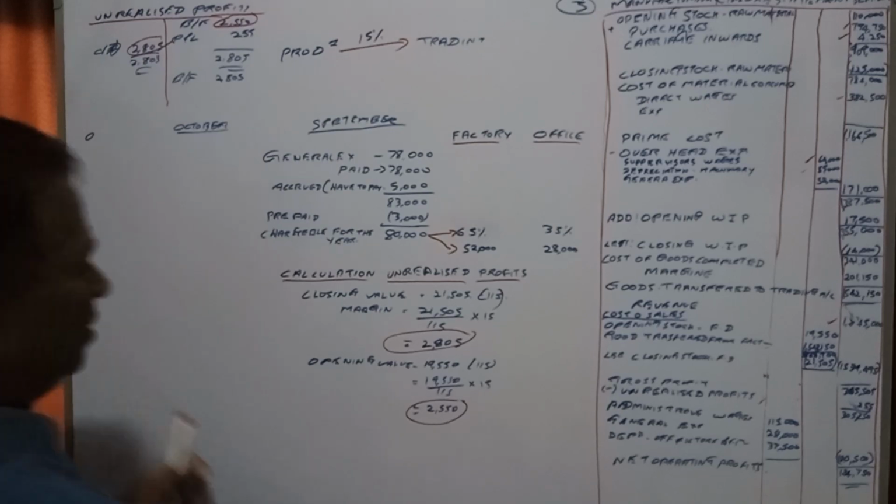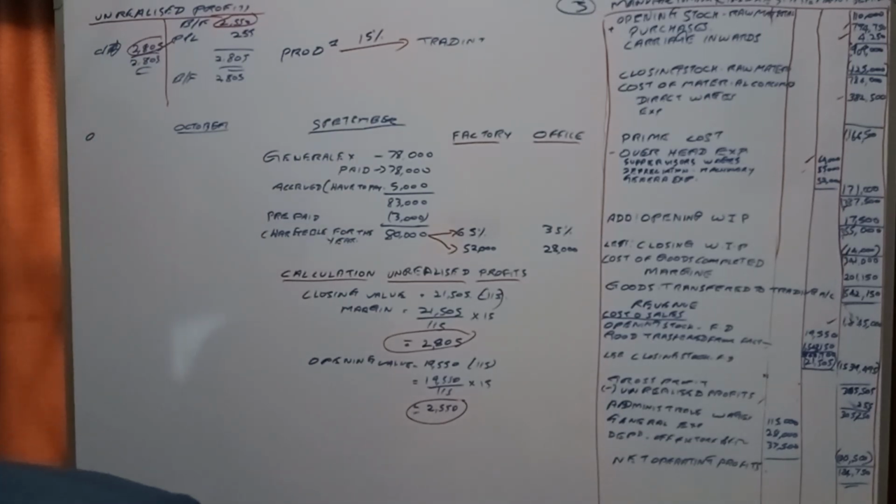In October, the budgeted closing inventory value of finished goods at transfer price was 18,400. We need to analyze the effect on the budgeted profit for the month of October 2015 due to the changes in the provision for unrealized profit.